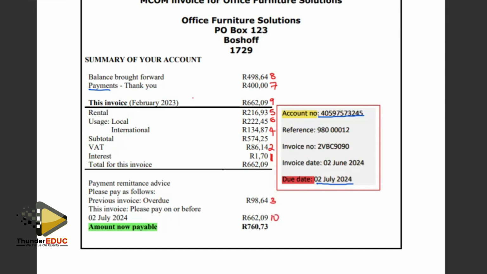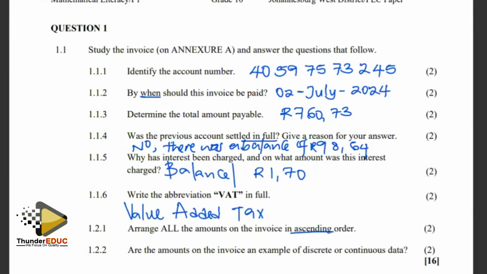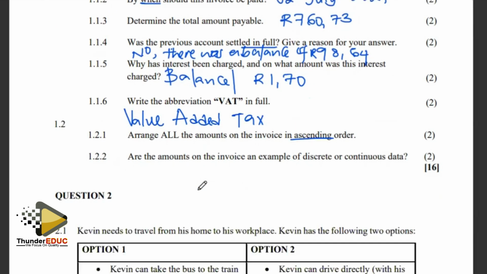I'm looking at all values, definitely ending with this, so I'm going to write them in that order. I'll start with 1 rand 70 cents and I will end with 760 rand 73 cents. Let me go to my answer sheet now, where I'm answering in ascending order.